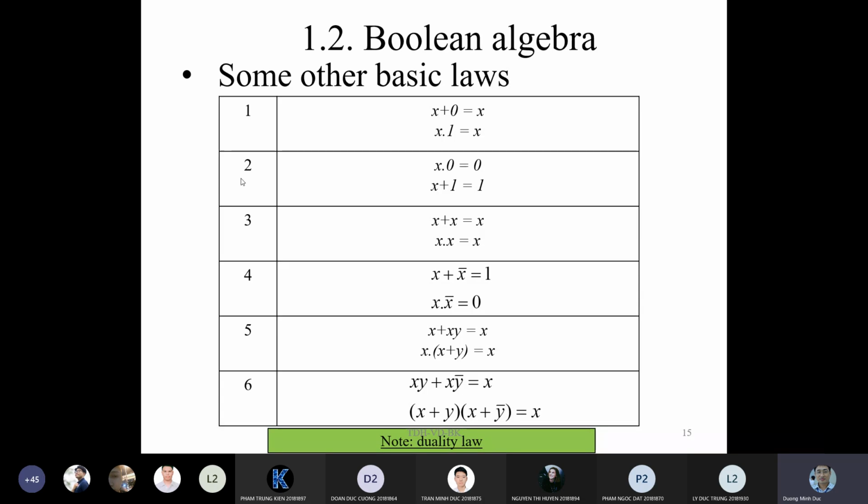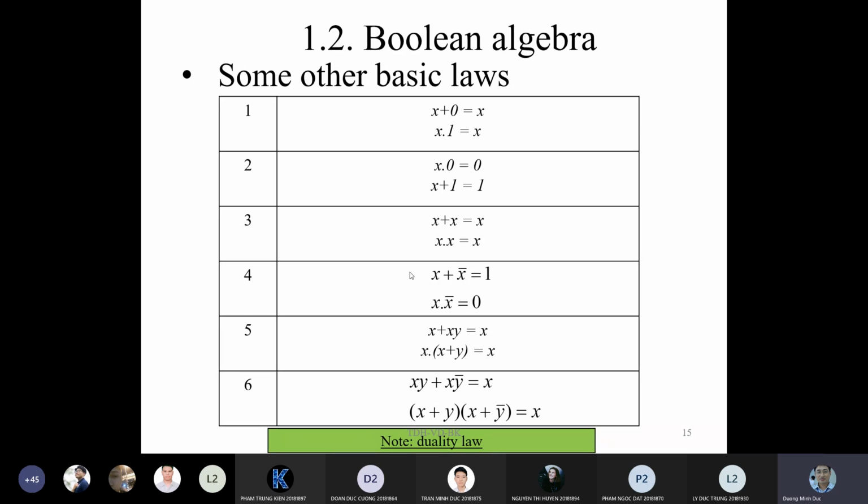Okay. The second: the conjunction of one variable with 0 is always equal to 0, and the disjunction of one variable with 1 is always equal to 1. The third law is the disjunction or the conjunction of one variable with itself is equal to itself.